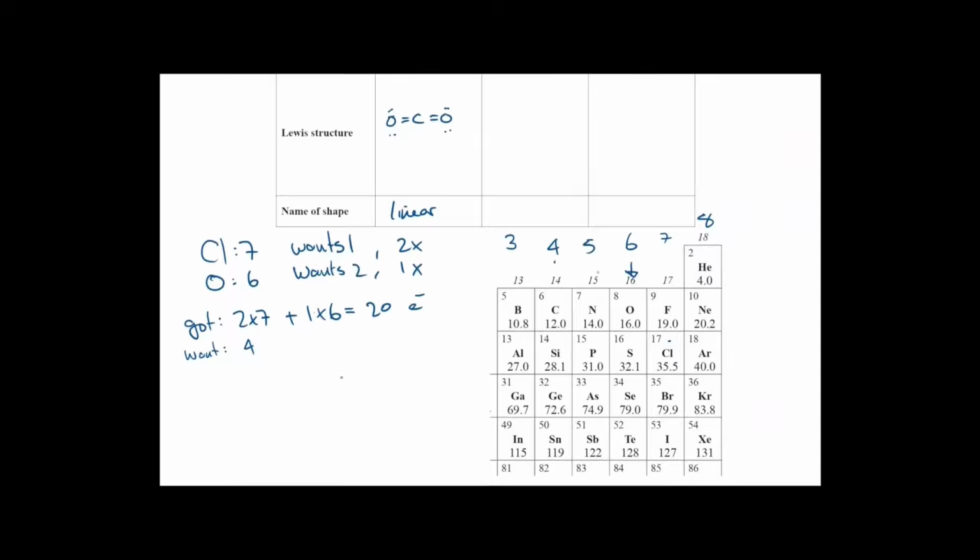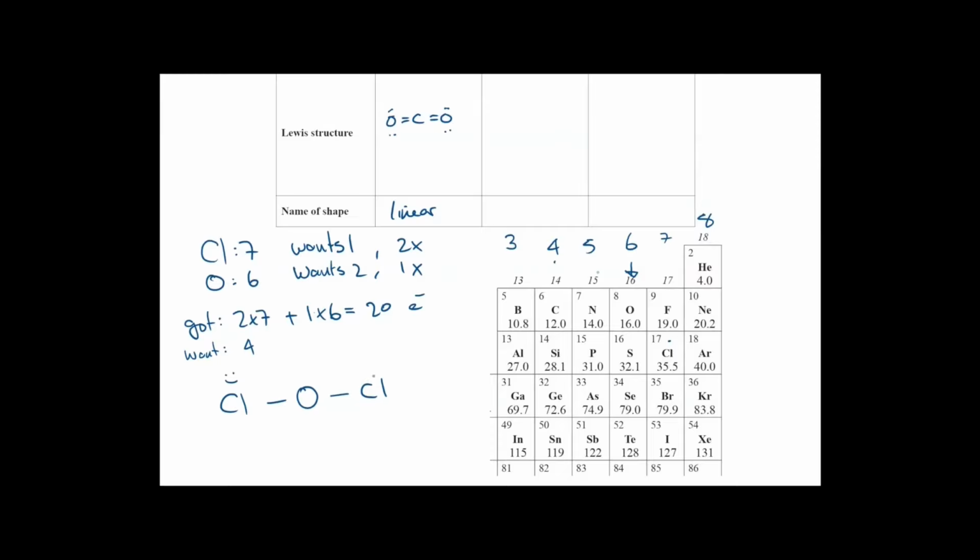What's going to be the central atom? The central atom is going to be the oxygen, and let's give it the most basic shape here. So the chlorine here picks up an electron from the oxygen. So it had 7, it's got 1 now, it's happy. This one's happy.